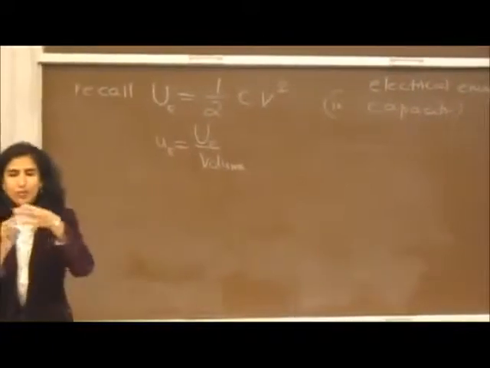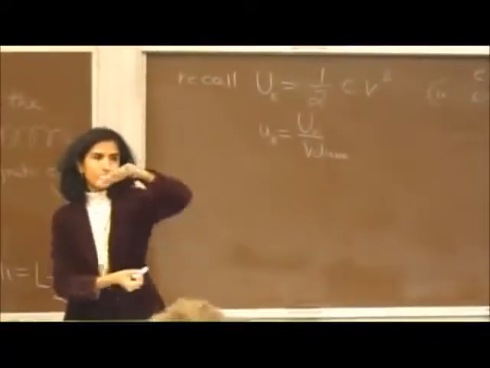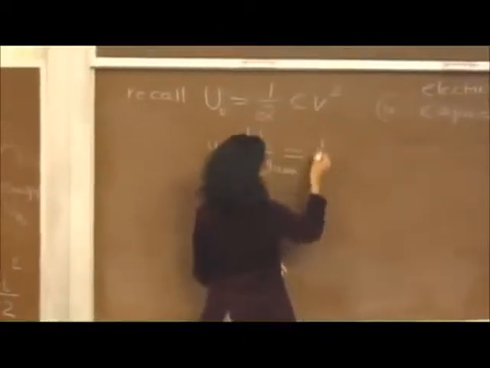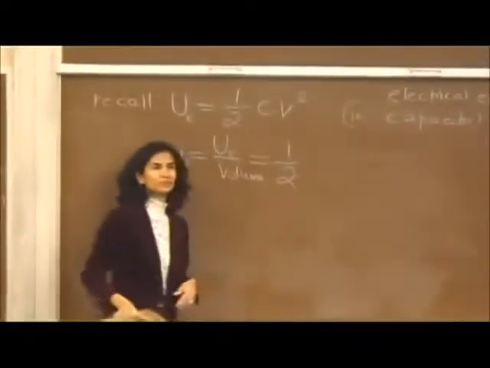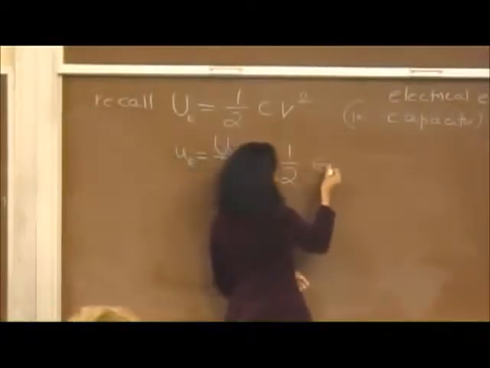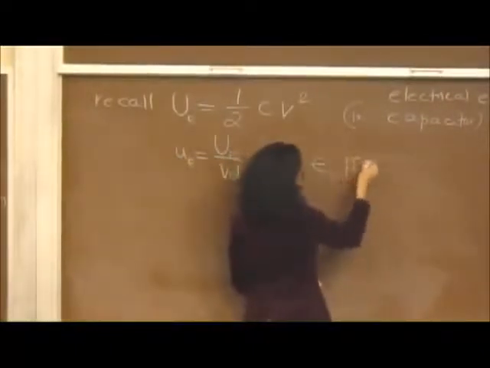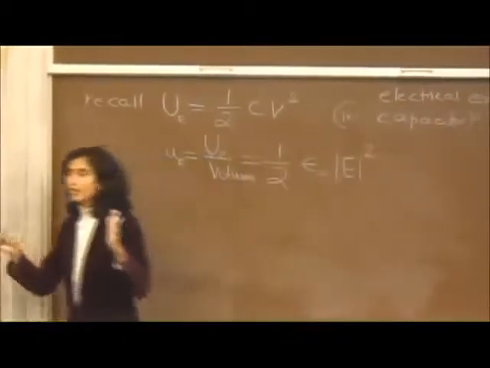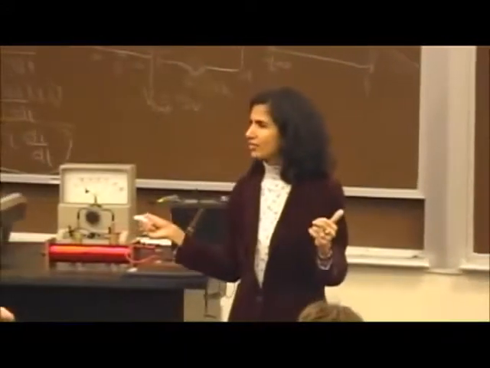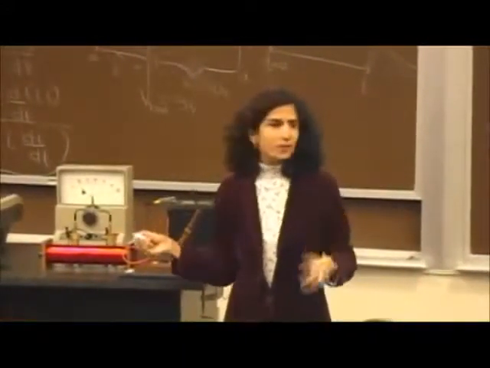That means how much energy is stored per meter cubed of the space between the plates of the capacitor. Anybody remember this? If you remember, this turns out to be half epsilon 0 times the electric field squared. The electric field is the field in the region between the plates of the capacitor. Do you remember half epsilon 0 E squared?